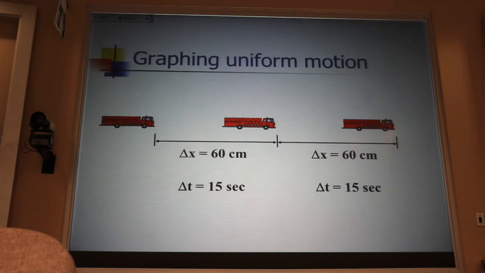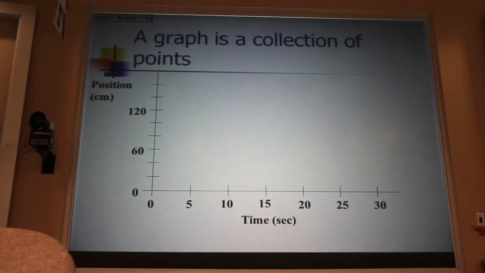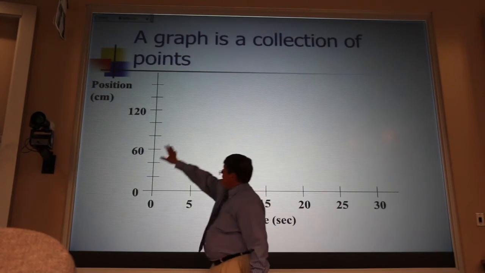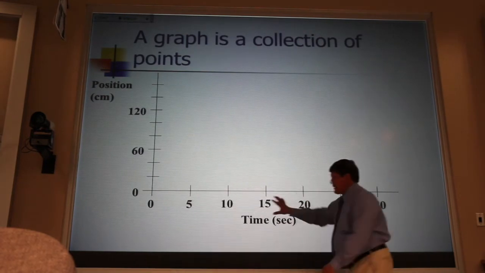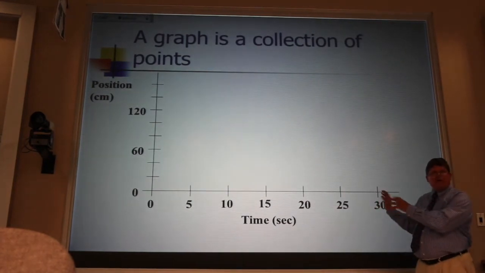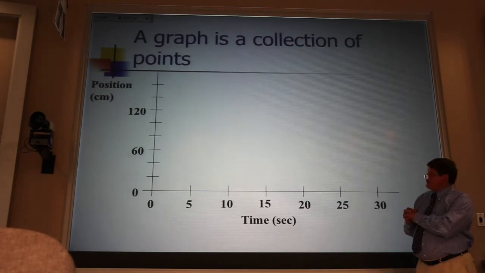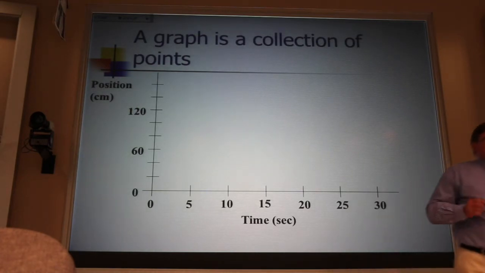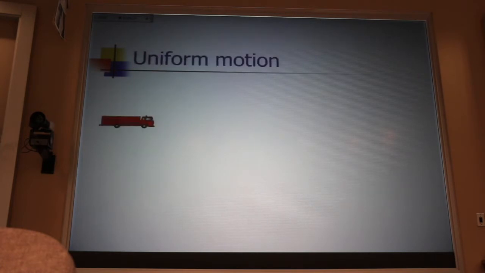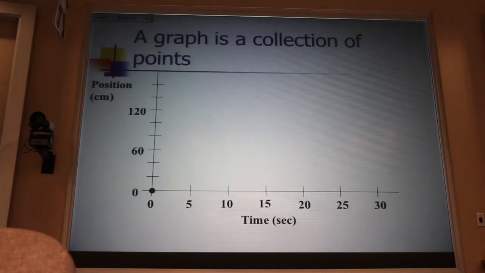You want to see a graph as a collection of data points. If I'm plotting position versus time, and time will always be the horizontal axis on these motion graphs, what I want to do is look for data points. At t equals 0, the cart or the truck is at position 0.